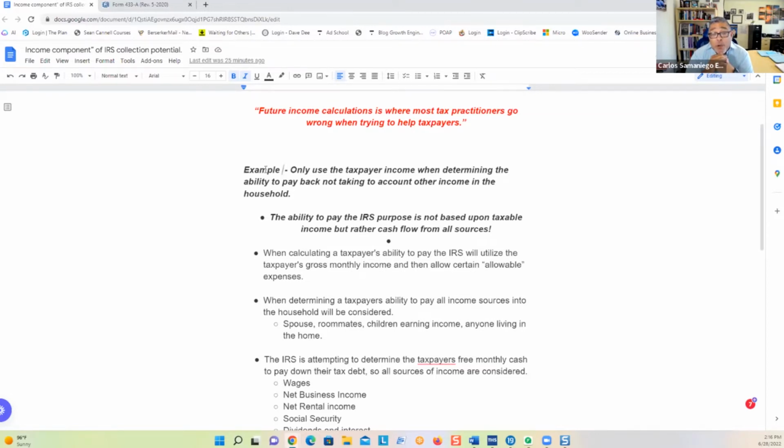Not because she owed the taxes, but because they're trying to determine the total income coming into the house that could potentially be used to pay the tax bill.